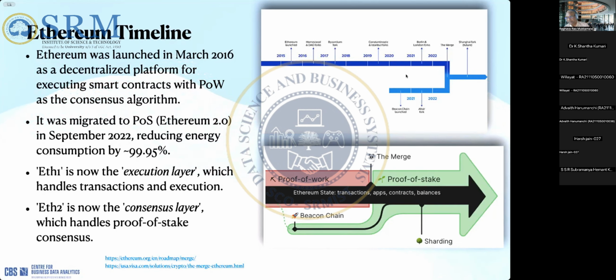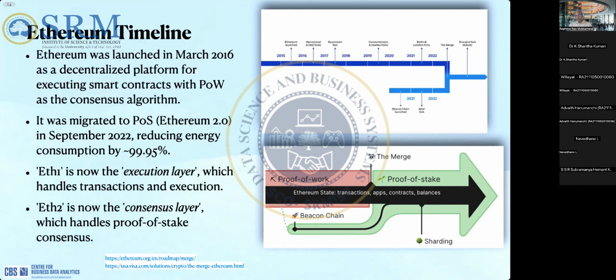So it was started with a good purpose of moving to proof of stake, and finally the merger happened on September 22nd, 2022. Because of moving from proof of work to proof of stake, the energy consumption has been reduced by almost 99.95%. So it was a really, really good move for Ethereum.